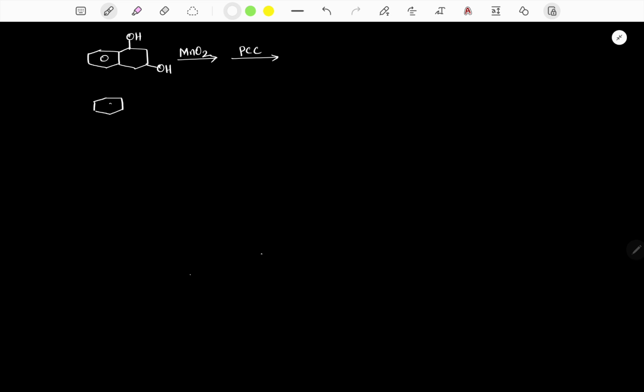The reactant has alcohol functional groups. One is a benzylic carbon, the next carbon is non-benzylic. The alcohol is treated with MnO2, and we know that MnO2 is an oxidizing agent that especially oxidizes allylic and benzylic alcohols.